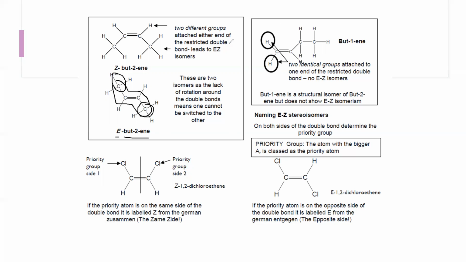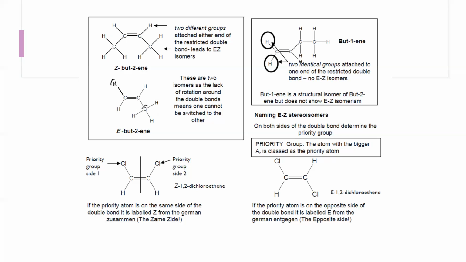But if identical groups are attached, for example if it was having hydrogen, then it will not have any geometrical isomer. It will be the same as normal, like propene.